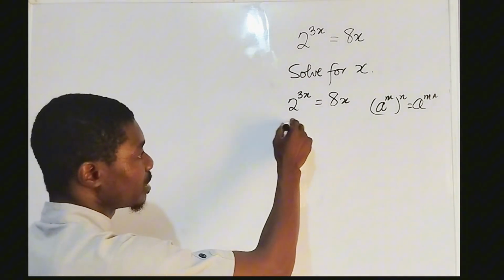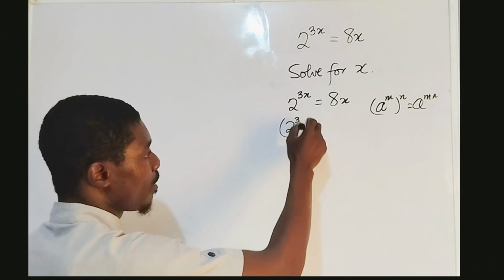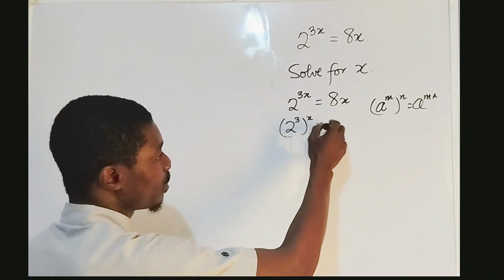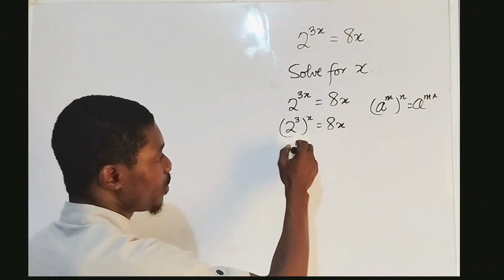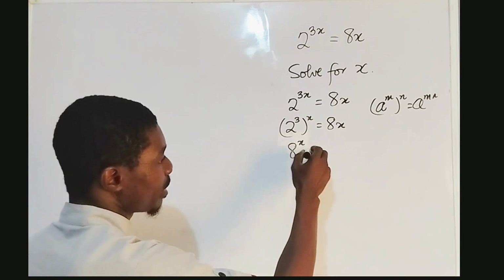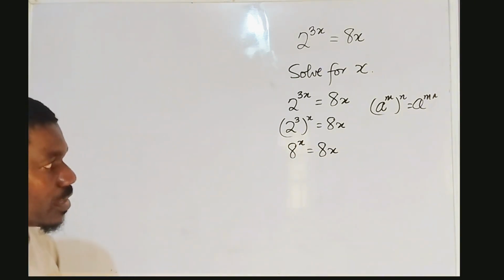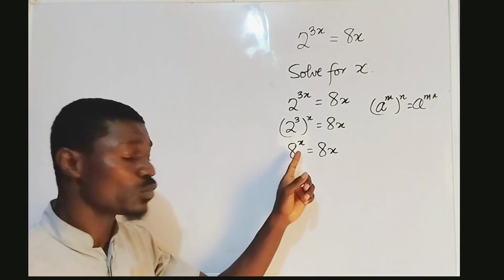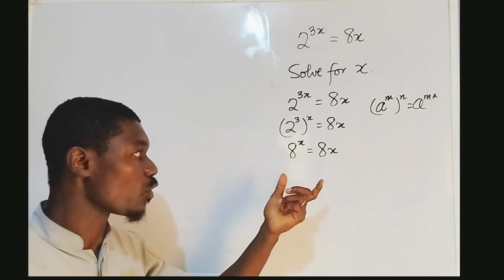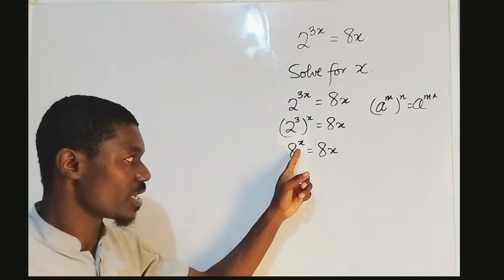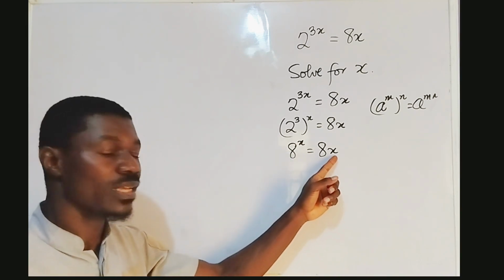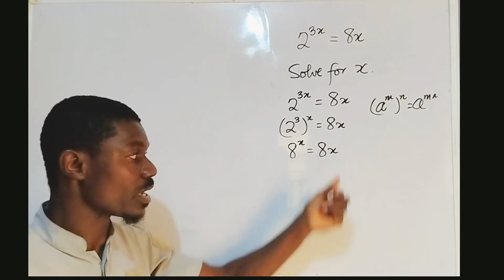Which implies that this is 2 raised to the power of 3, all raised to the power of x, equals 8x. So here we have 8 raised to the power of x equals 8x. The x which we are about to solve for, here at the left hand side, is an exponent, and here it is just a variable, a term.